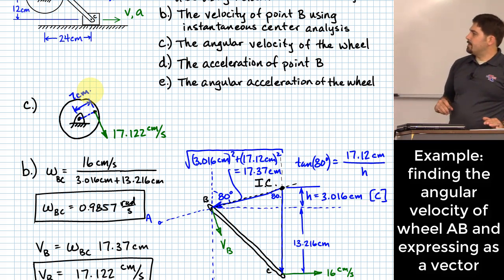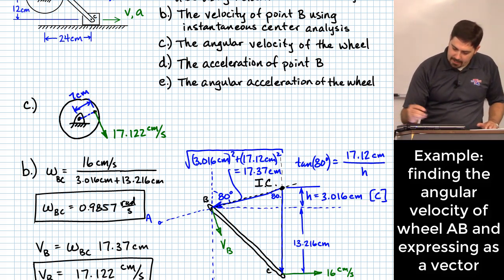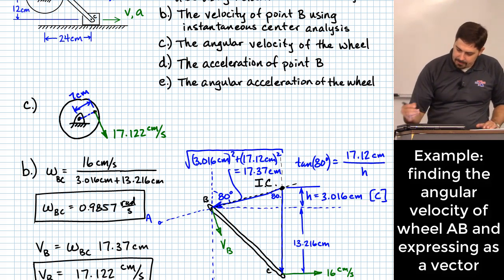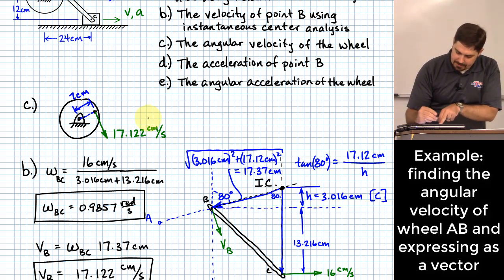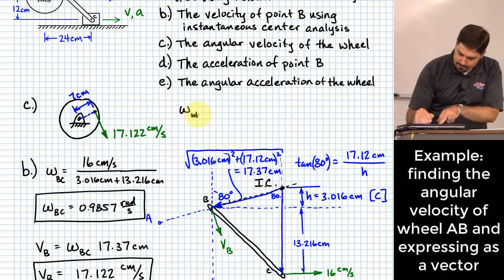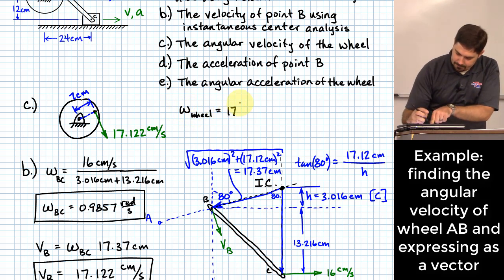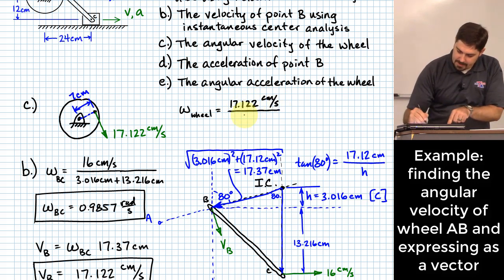Okay. And so if I want to figure out the angular velocity of the wheel, then all I got to do is take my 17.122 centimeter per second and divide it by 7 centimeters.